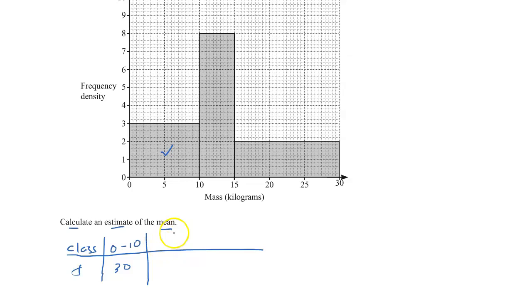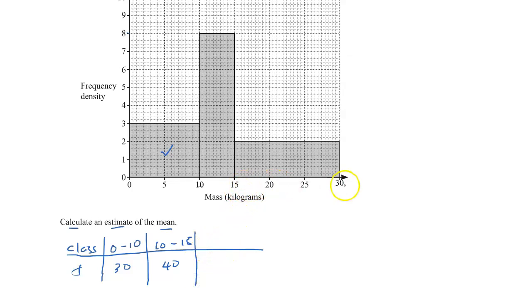Then class of 10 to 15. This is 8, and from 10 to 15 this is 5. 8 times 5 gives you 40.